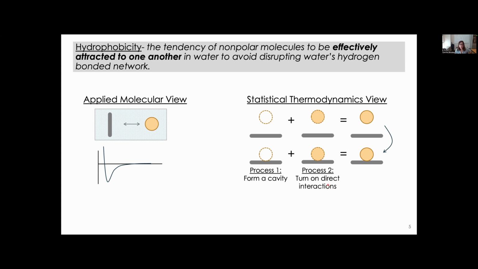In this way, we can think about the true effect of hydrophobicity as really being this first process, right? What is the delta delta G associated with forming this cavity in solution relative to forming this cavity at this interface? And so I want to compare and contrast these two different views, which sometimes agree and sometimes don't agree.